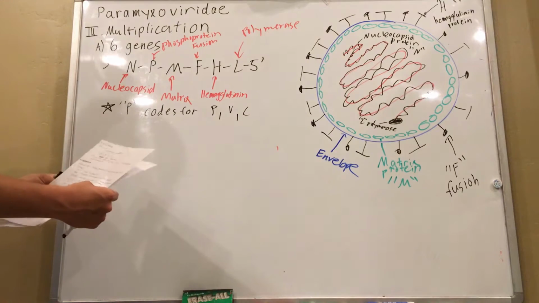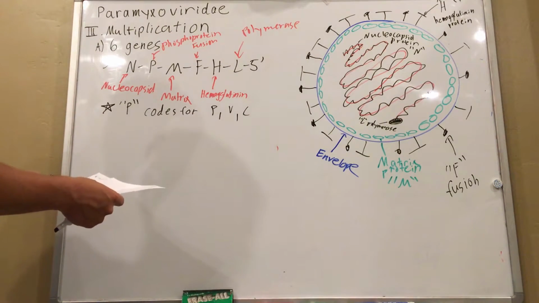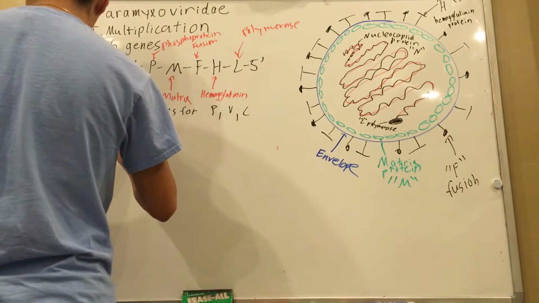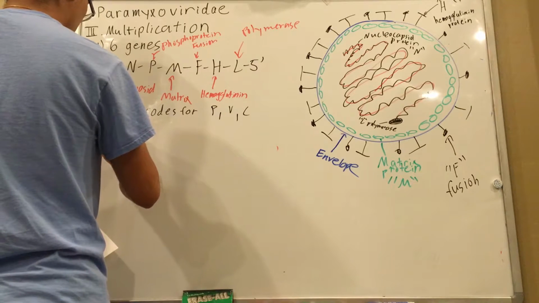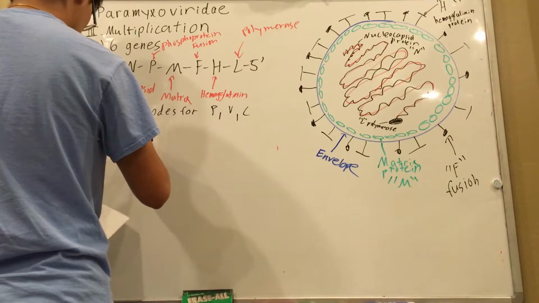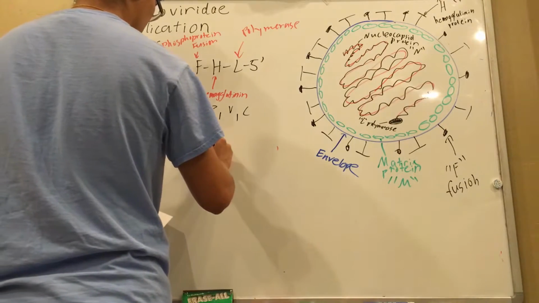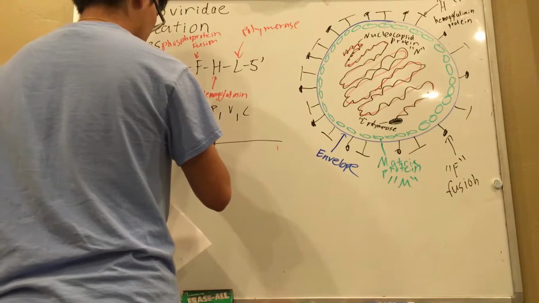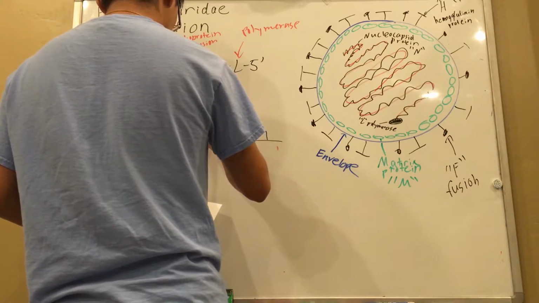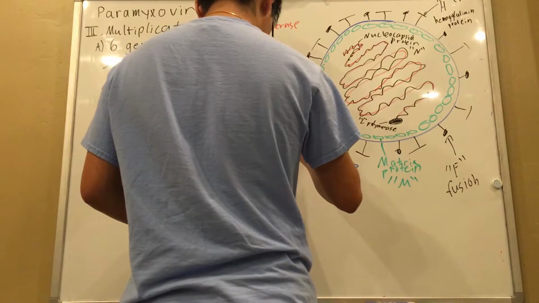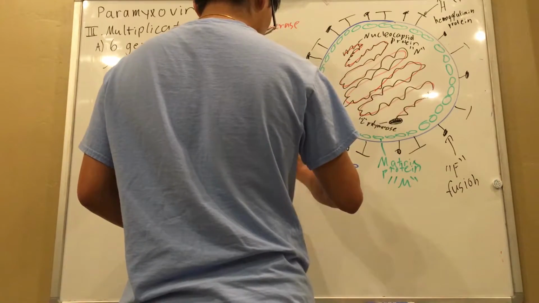Did I have a picture of this? Yes, I do. I'll draw a picture once and I'll draw it again. So, 7-methyl G. What I was trying to illustrate, what Dr. Samuels was trying to illustrate, is this: open reading frame, ORF, 3' end, poly A tail.